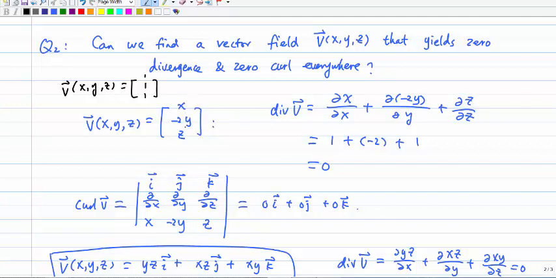We put x here, next to it y, and z here. We can compute this and get 0, 0, 0. That means we can have a non-constant vector field which yields zero divergence and zero curl everywhere.